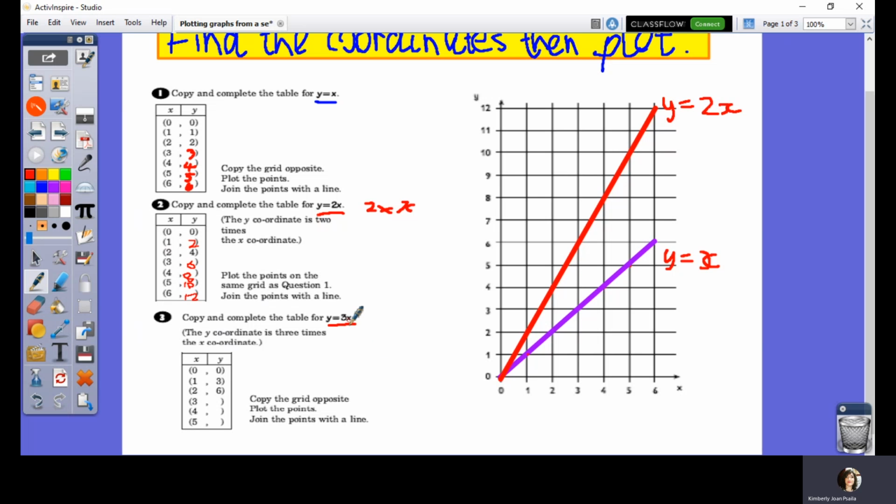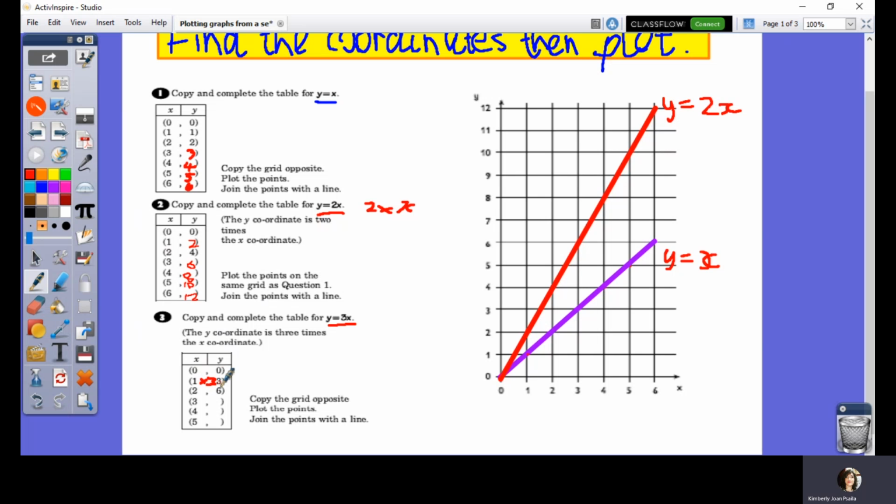This time, instead of doubling the x value, we're going to triple the x value to get the y point. To get from 1 to 3, we multiplied 1 by 3.